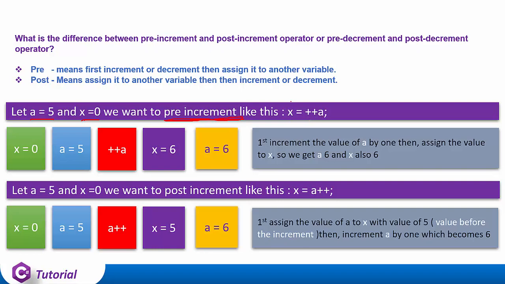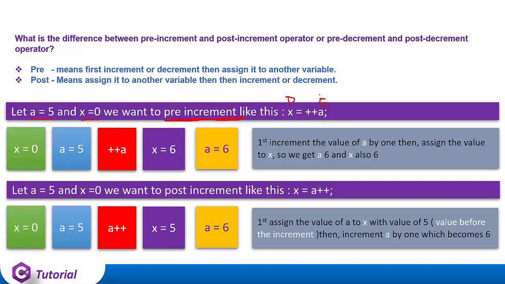So here we have 0, and here we have 5. So what's going to happen is that the code will work like that.